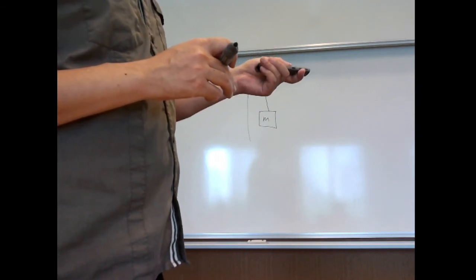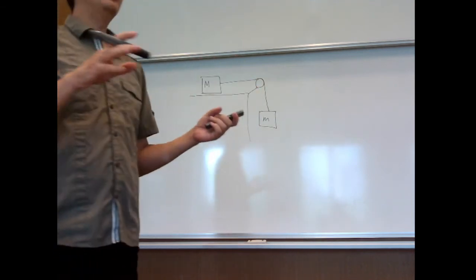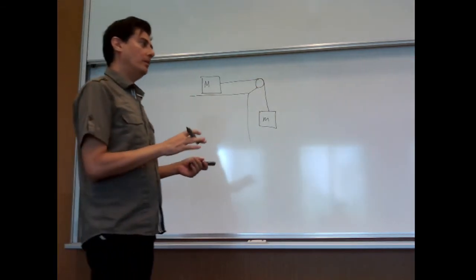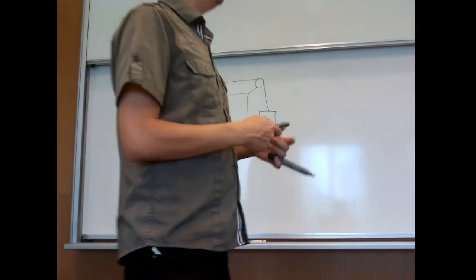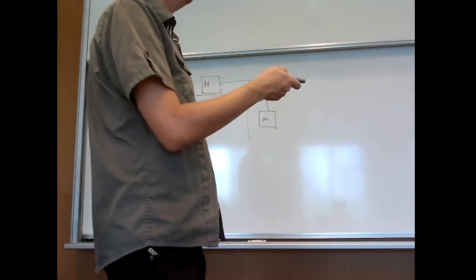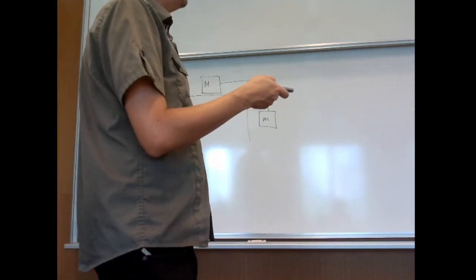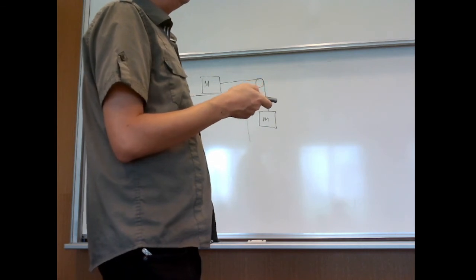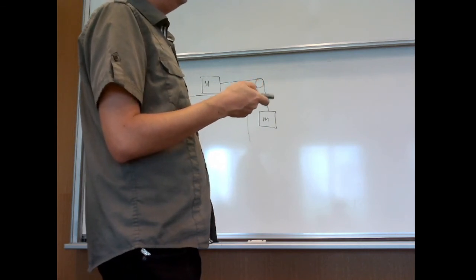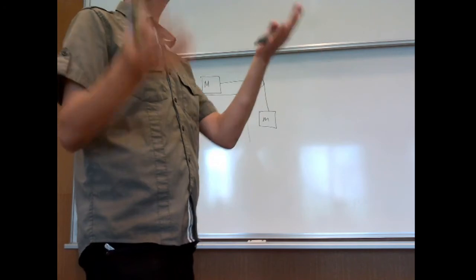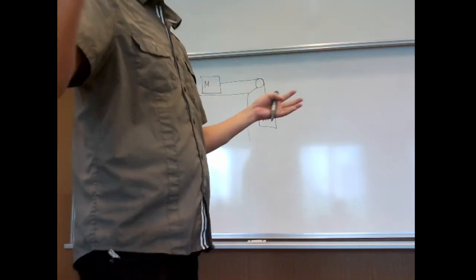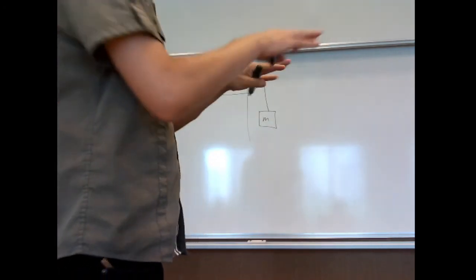But we can consider the movement of this block, and think about what the total movement is. Firstly, this is a two-dimensional example, so there is an upwards direction and a horizontal direction.